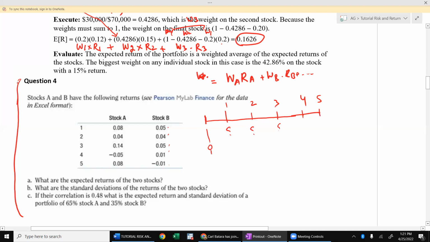If I'm standing here, and you have to calculate the return in year 1, year 2, year 3, year 4, and year 5, you must be given probabilities. If you are claiming that it is probability based data, you must be given probabilities at least. In this question, there are no probabilities.